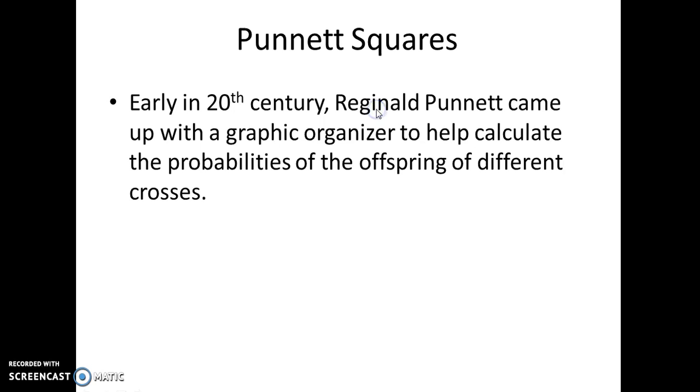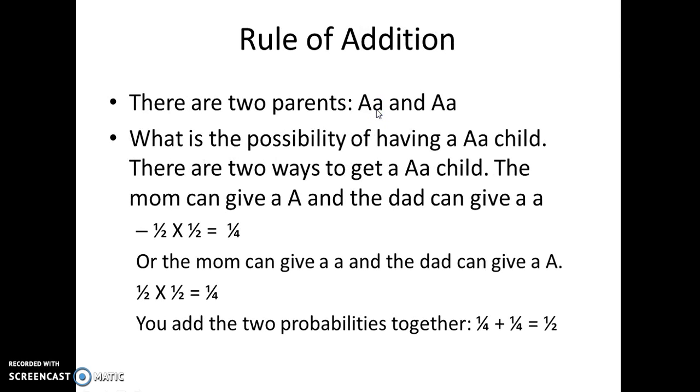Mom can give the little a, and dad can give the big A right here. So that's also 1/2 times that 1/2, which is 1/4. So the probability of these two events happening is equal to the sum of the individual probabilities, which is 1/4 plus 1/4 equals 1/2. So there's more than one way of getting the result. You add the individual probabilities together.